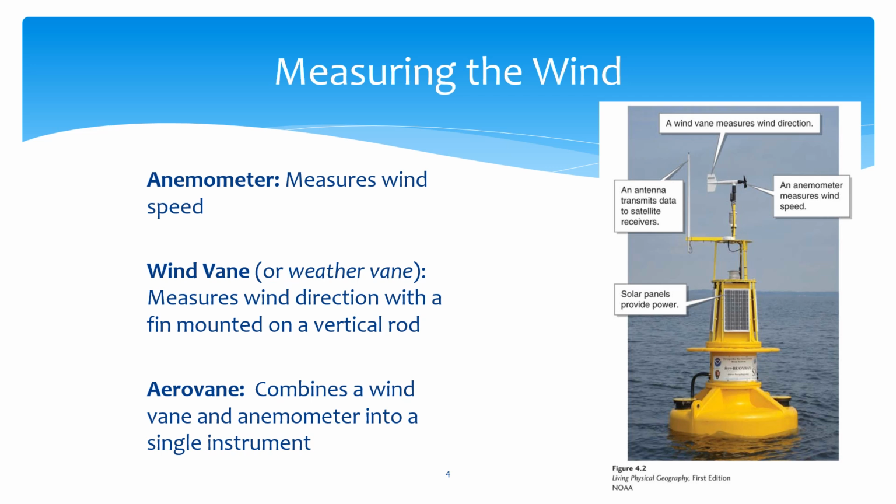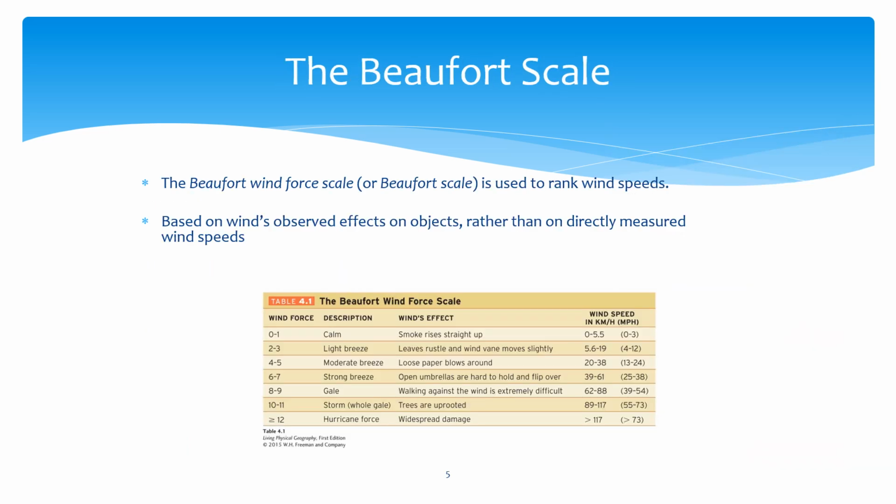If you are measuring wind speed, you are going to want to know how strong that wind is, because the stronger it is, the more damage it can cause. Wouldn't it be useful if we had some kind of scale to describe the speed and strength of the wind? Well, conveniently enough, we do. It is called the Beaufort scale.